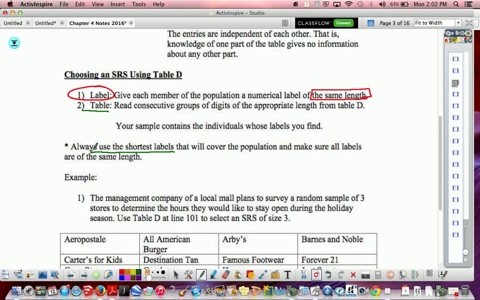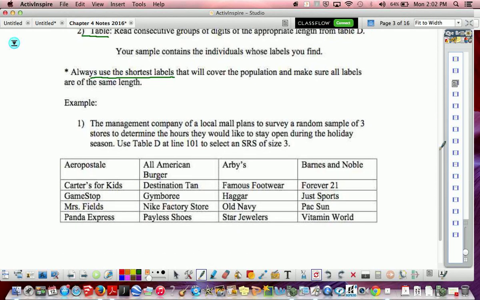I don't want to use 3-digit numbers, because if I use a 3-digit number to assign to 30 students, there are 30 numbers on the table that will actually be used to select the people, and 970 numbers that aren't possibilities. It might take you a long time to get your small sample.